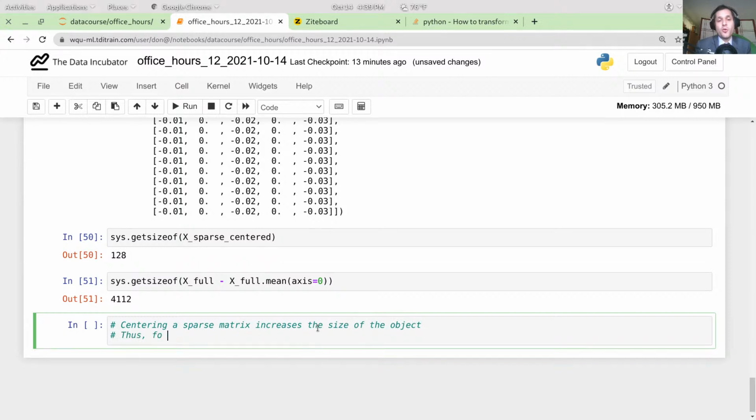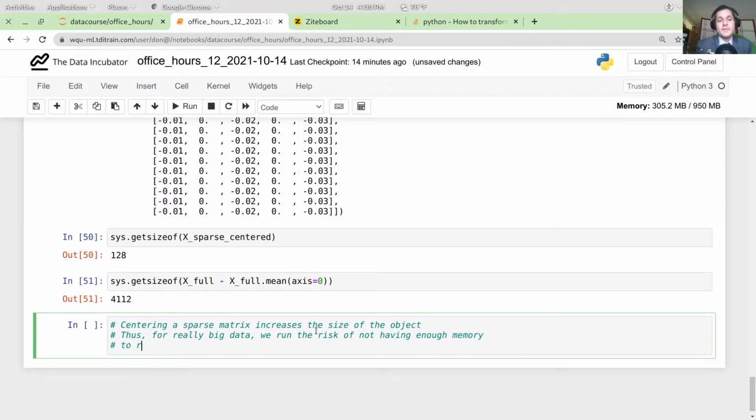Thus, for really big data, we run the risk of not having enough memory to represent the resulting centered data. So now we have a problem: we run the risk of running out of memory if we try to center a sparse matrix. We didn't have that issue when it was only 100 by 5, but we're definitely going to have that issue once we get something bigger.